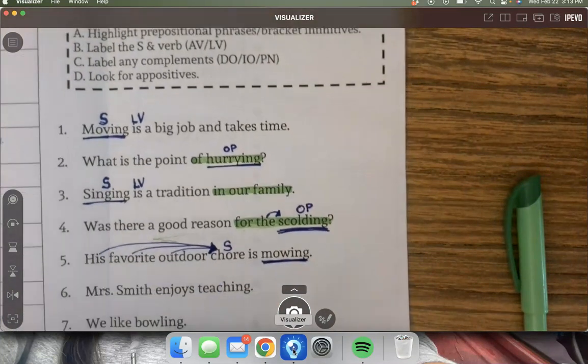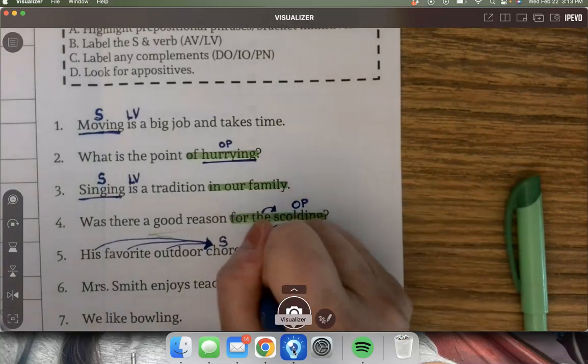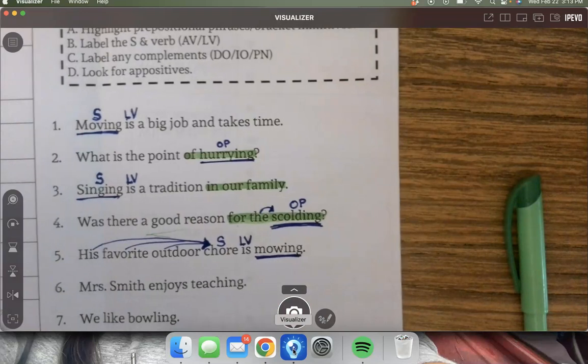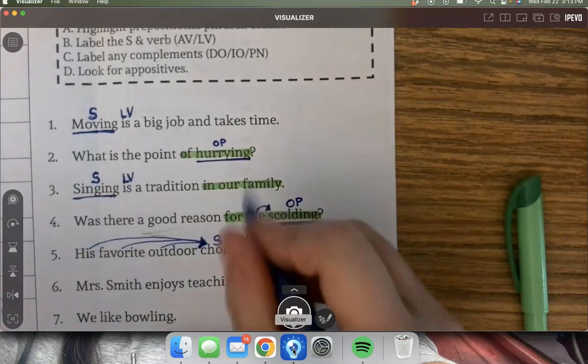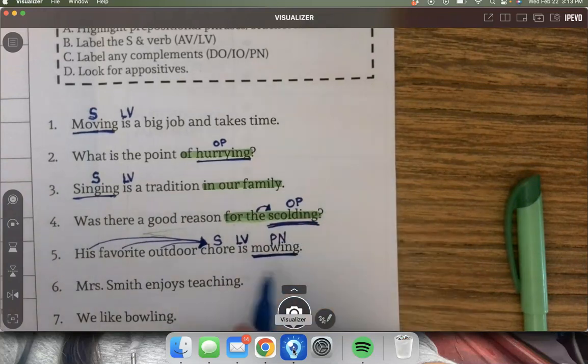Now I have to decide, is is by itself or is mowing the verb? Well, a chore doesn't have arms and legs, so it can't actually mow anything. So the chore is the subject, the linking verb is, and then mowing is the predicate noun that renames his favorite chore.